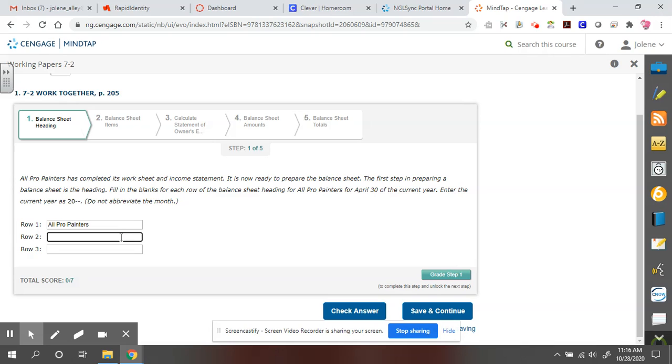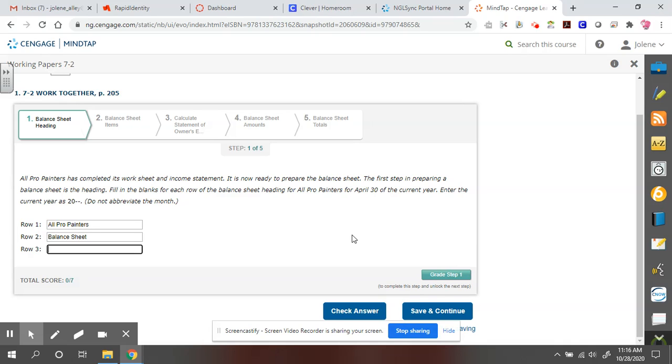So the second line is always the name of the document, balance sheet. Now, with a balance sheet, it's different than some of the other documents. A balance sheet is for the actual day that the company balances. It's not for the month ended or the period ended.